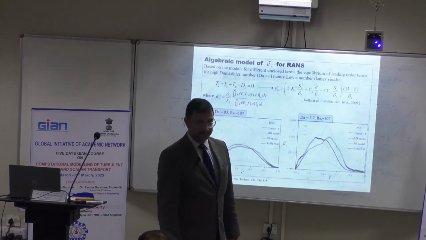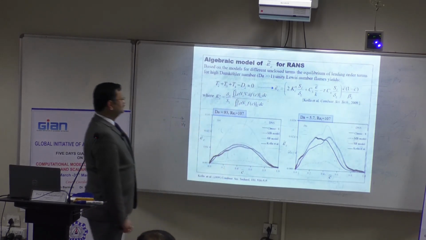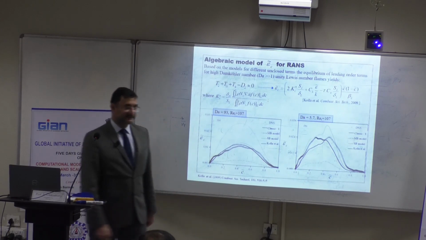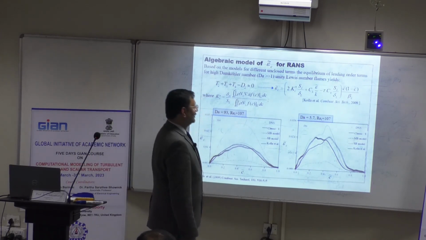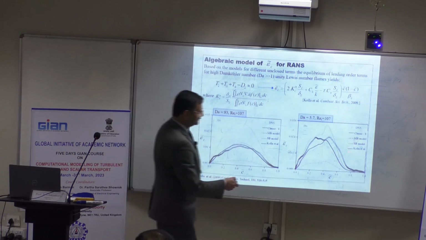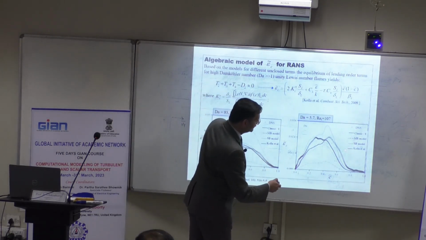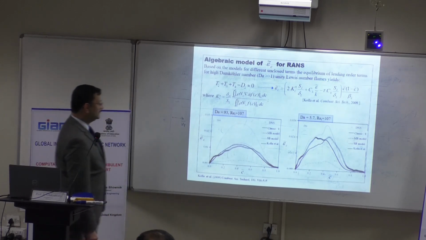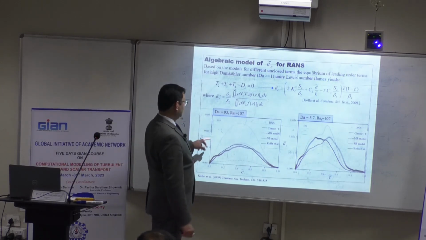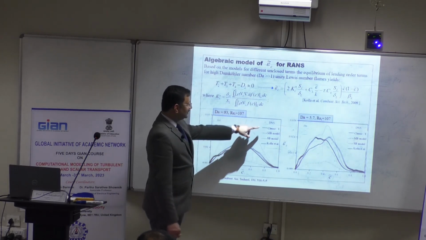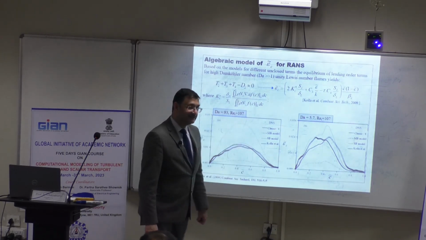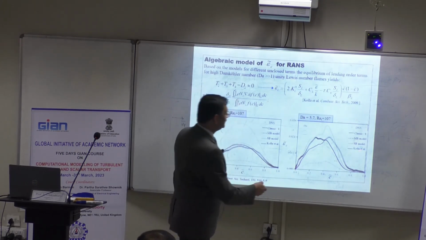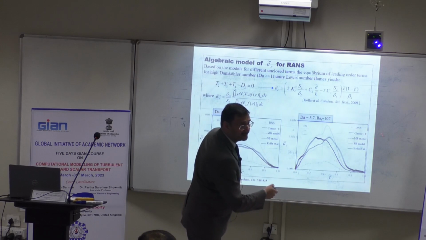Okay? Now, the solid line is the DNS data. There are various models, but this model, this Pola model, is this one. Effectively, you will see that the classic model, which is the linear relaxation model I showed earlier today, needed to be divided by a factor of 8.